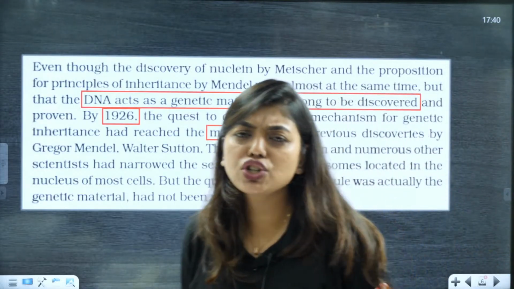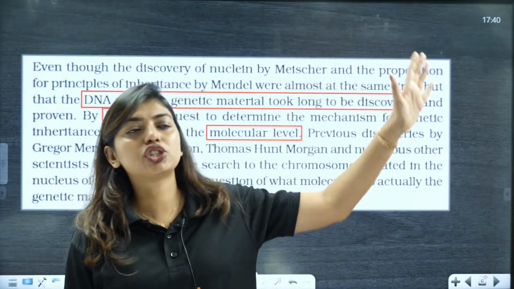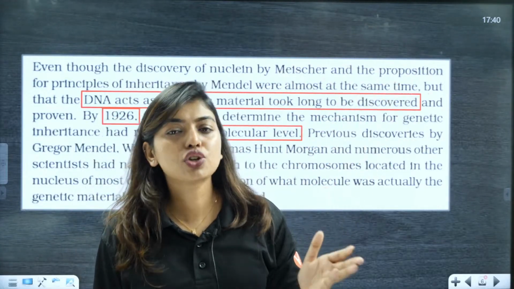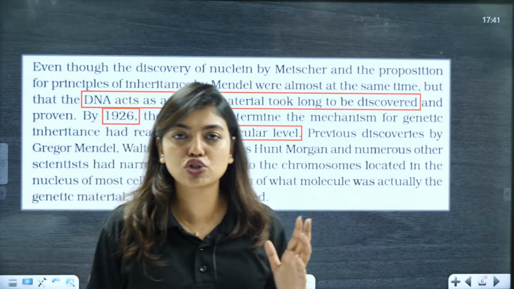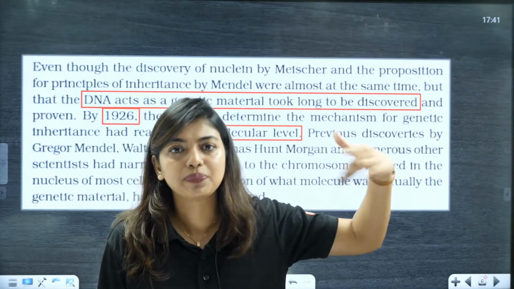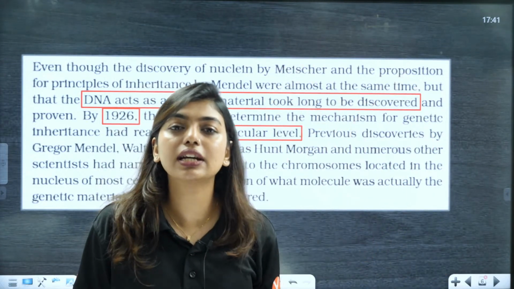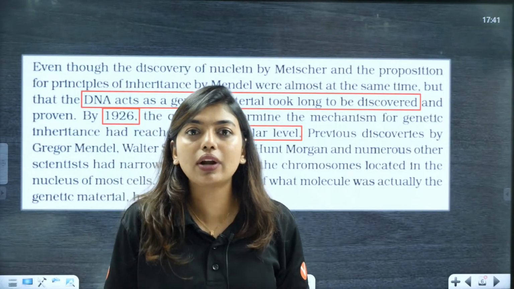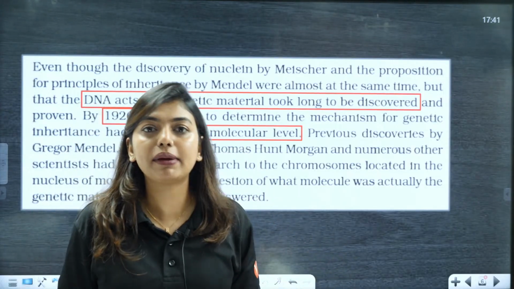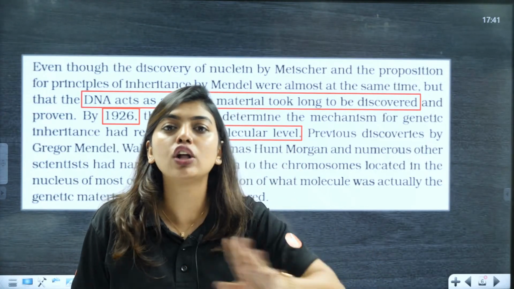So there was our confusion, whether DNA could be the genetic material. I told you in the introduction that, students, DNA is the genetic material for most organisms. But this information was not clear in 1926, not clear in 1869. Because everyone was trying to find out what the genetic material is, that one cell that holds all the information.